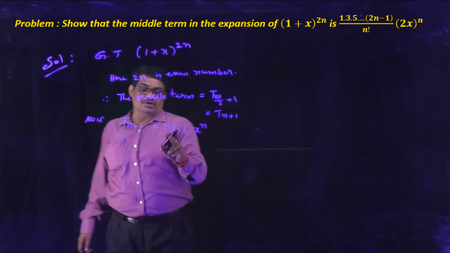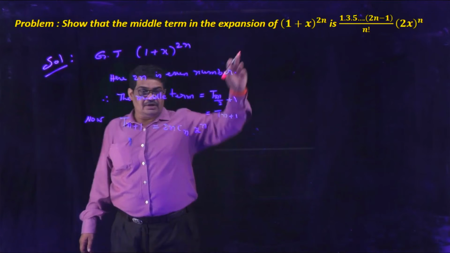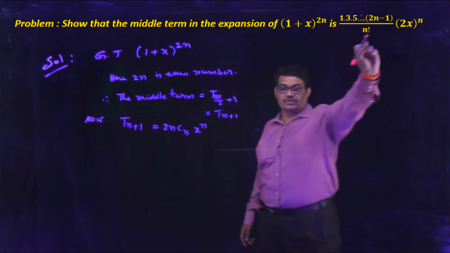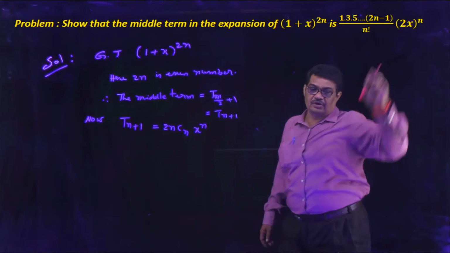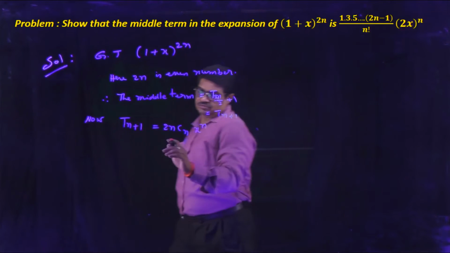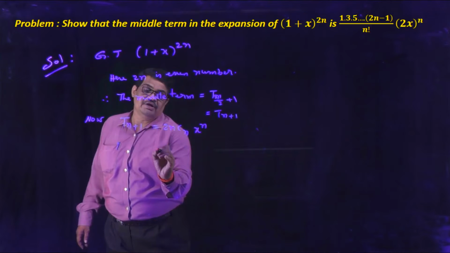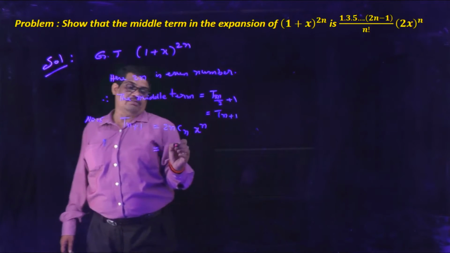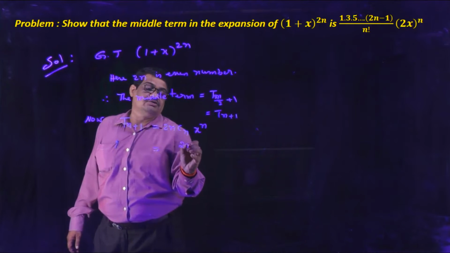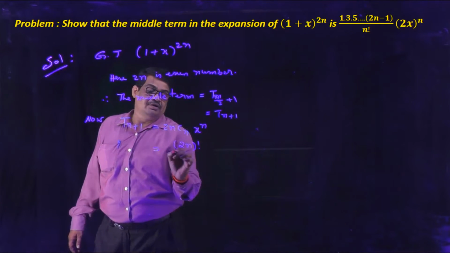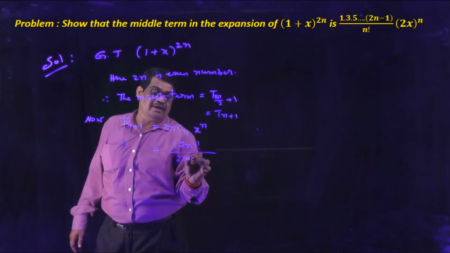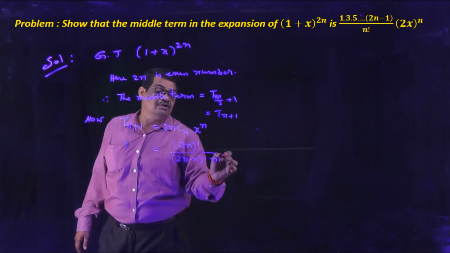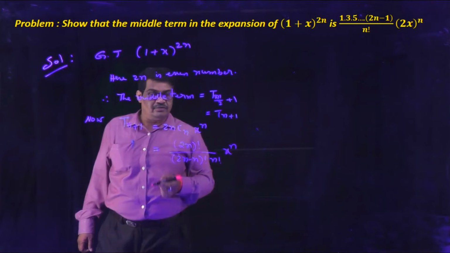Now we have to show that this is 1 into 3 into 5 and so on up to (2n minus 1) by n factorial into (2x) to the power of n. Now we are simplifying this one. Here we have 2nCn, using the nCr formula: 2n factorial by (2n minus n) factorial into n factorial into x to the power of n.